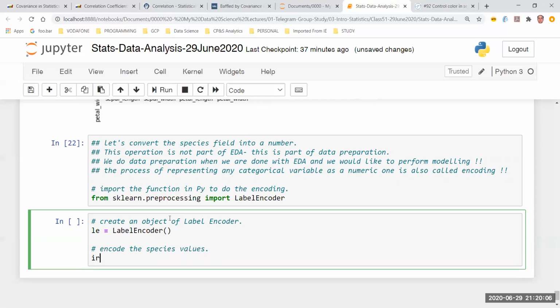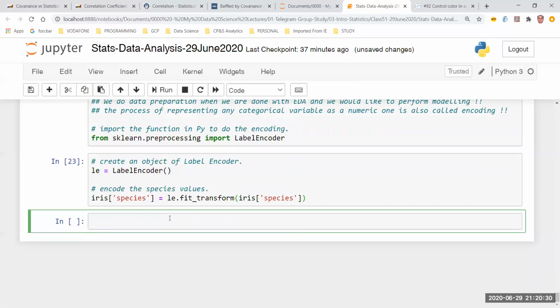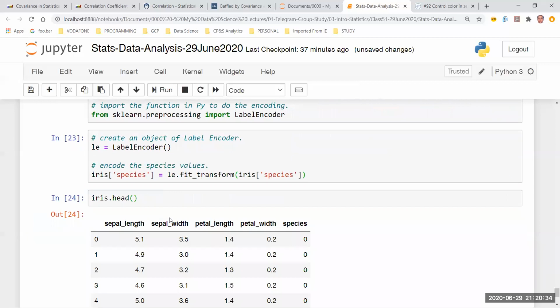To do that, iris species is equal to le.fit_transform, we'll explain all of these things, so don't worry, iris species. So I'm simply passing iris species into the fit_transform function of the label encoder object, and I'm replacing the existing value with the output. If I do that and then I check the iris data set, I get something like this.